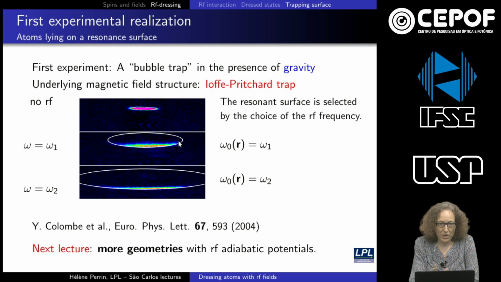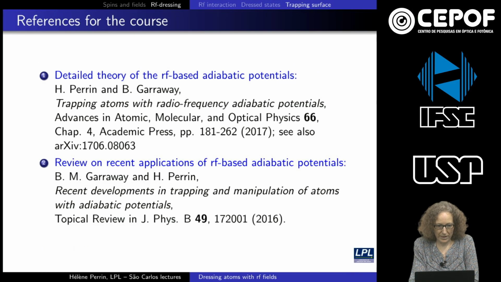So this gives you some isopotential with some radius. And for another value of the RF field, you have a larger isomagnetic surface. Because of gravity, in this example, the atoms are at the bottom of the bubble made with the dressing field. In the next lecture, we will see many different geometries that are accessible with RF potentials.